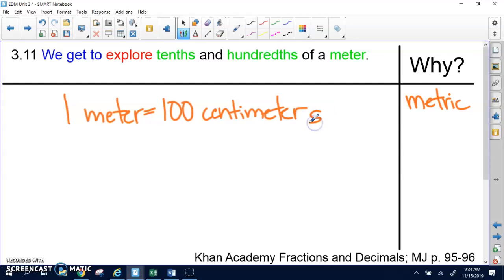So when I see this word cent right here, what does cent remind you of? Yes, like cents, and how many cents are in a dollar? Or a centipede. Yes, there's 100 legs. How many cents are in a dollar? Yes, there's 100 cents in a dollar, right?